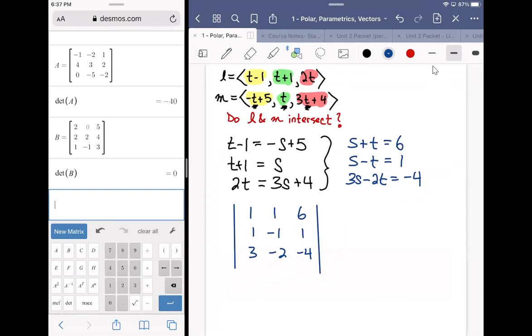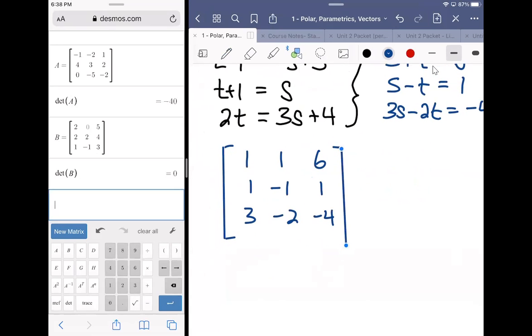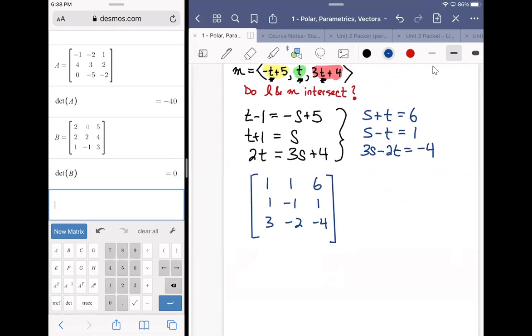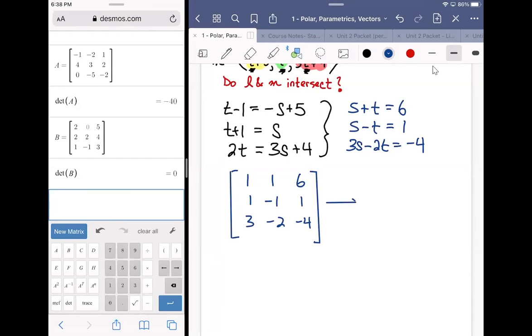All right, and so we're looking to find, oh, it's a matrix, not a determinant. We're going to put this in reduced row echelon form.